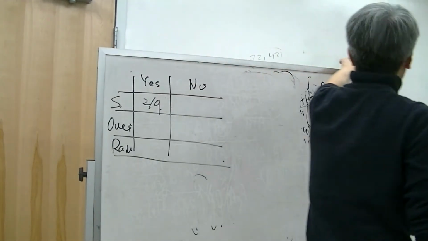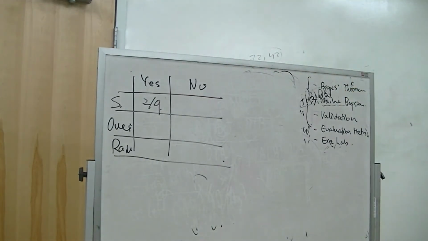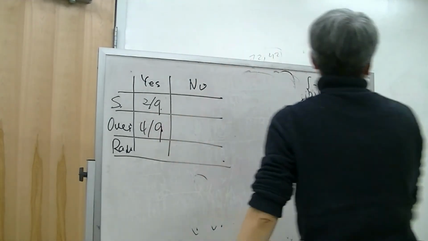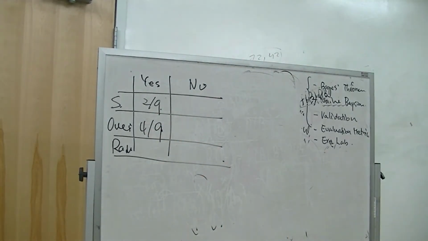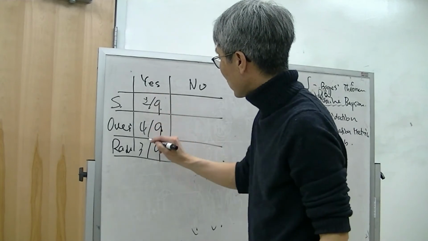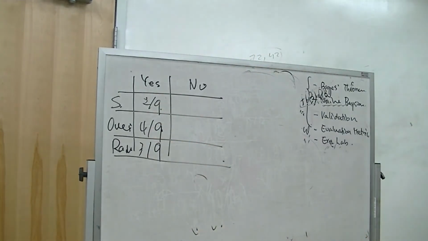How many times overcast among the 9? 4, so 4 over 9. And how many times rain? 3, so the total is 9 over 9. Yes, correct.